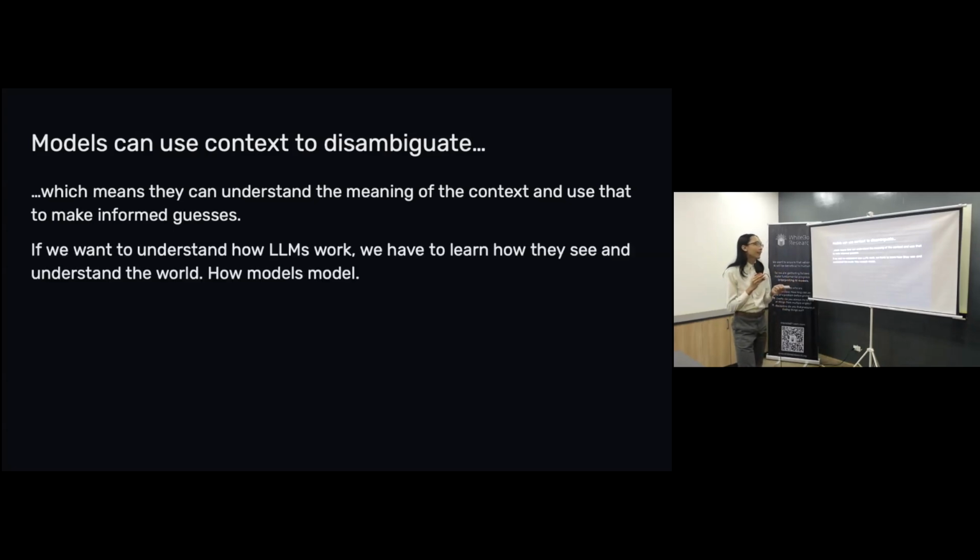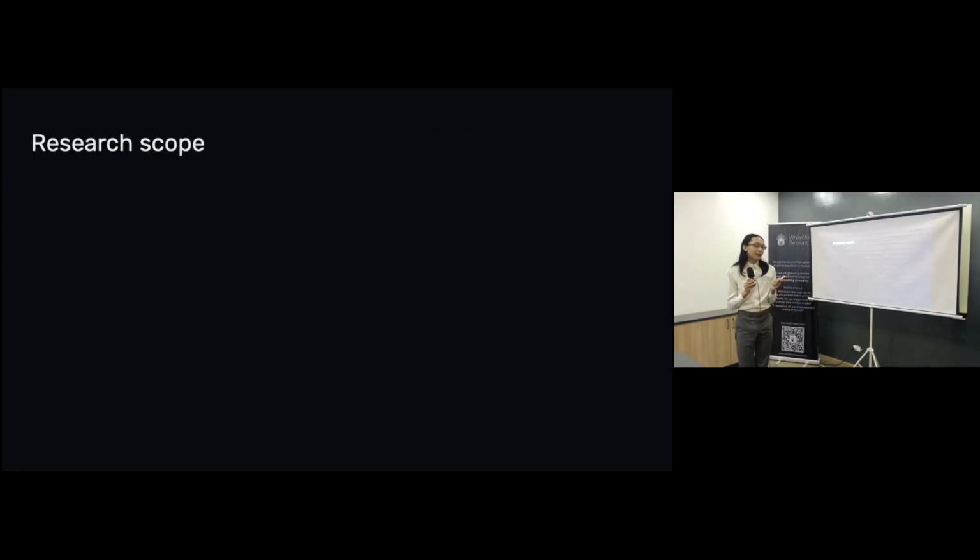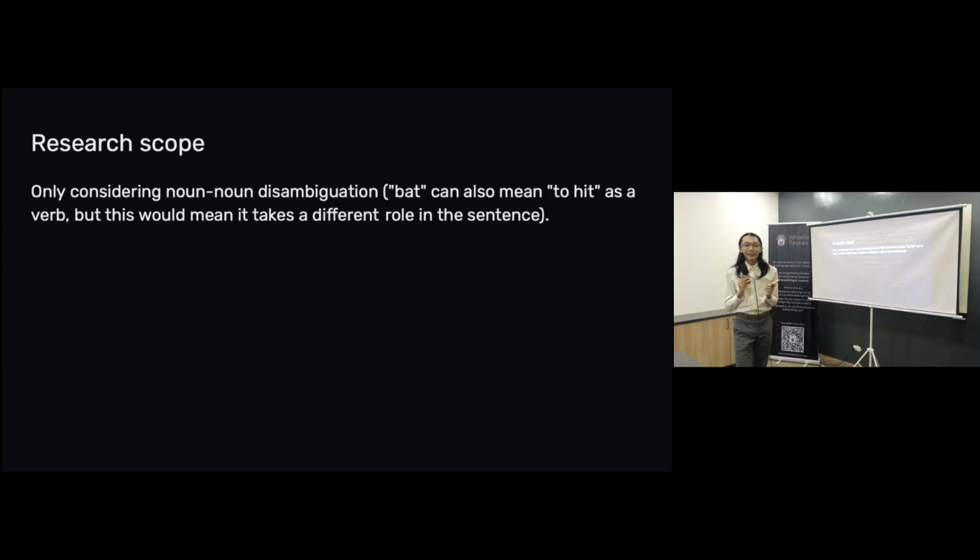If you want to understand how LLMs work, we have to learn how they see and understand the world. We have to learn how they model, how the models model. So finally, I'm going to talk about my research. The scope of my research is I'm only going to be considering noun-noun disambiguation, right?